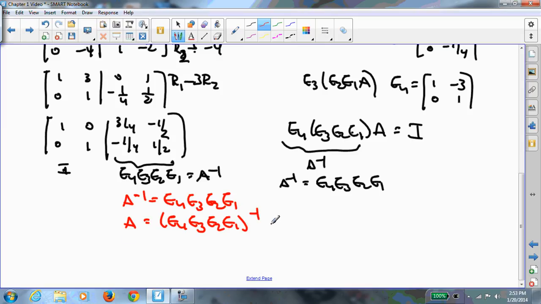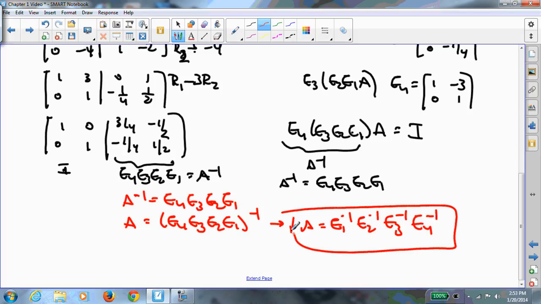And that means that A equals E1 inverse, E2 inverse, E3 inverse, E4 inverse. Which kind of makes sense, because if I read it from right to left, I'm going to undo my last elementary matrix, and then undo the one just before it, and just before that, and just before that, and I should end up at the original A.